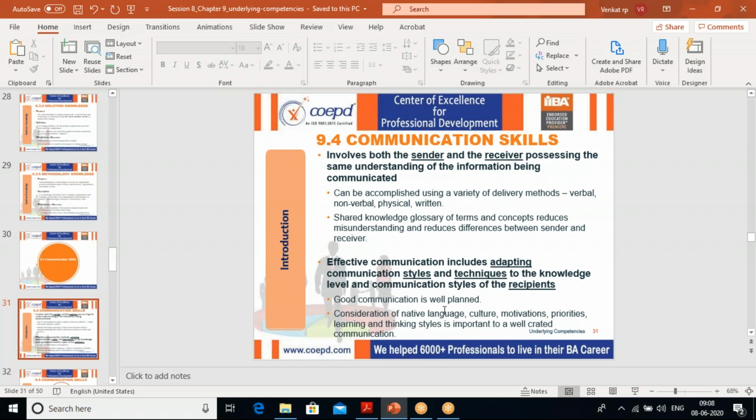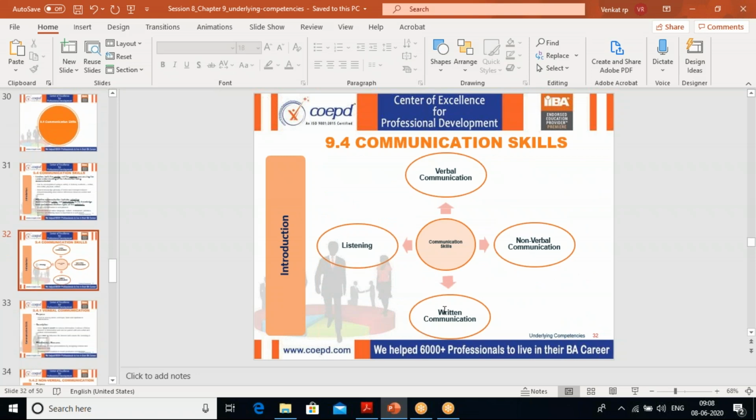So our communication should be very clear, straightforward, unambiguous, very specific and understandable. We have verbal communication, non-verbal communication, written communication and listening. Let us try to understand each one of them.